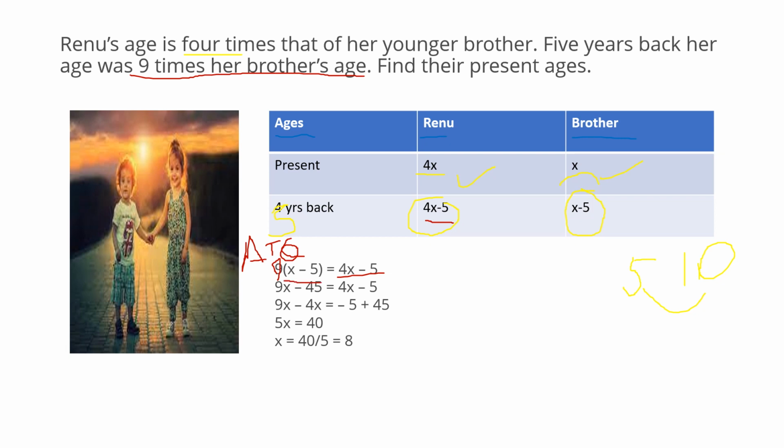Brother's age is x minus 5. On solving we are going to get x is equal to 8. That means the brother is 8 years old and Renu is 4 8s are 32 years old.